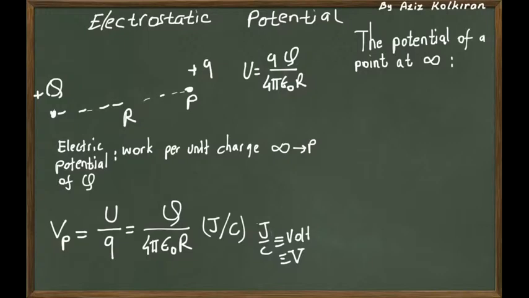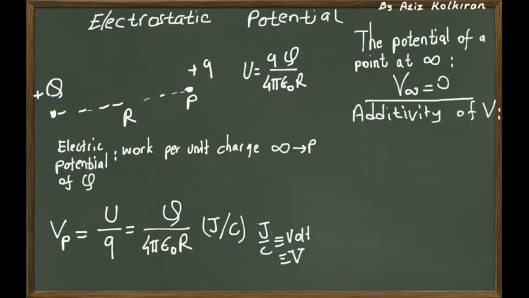Even if you have charge located near you, in some region of space, as long as you consider a point at infinity or very, very far away, the potential of a point at infinity is defined as zero potential. So I make this very clear: whether you have charges here or not, the potential of a point at infinity is always, always zero.